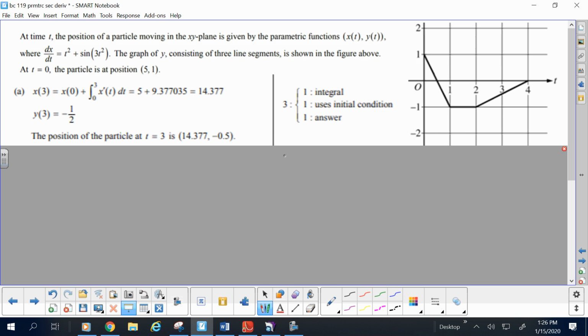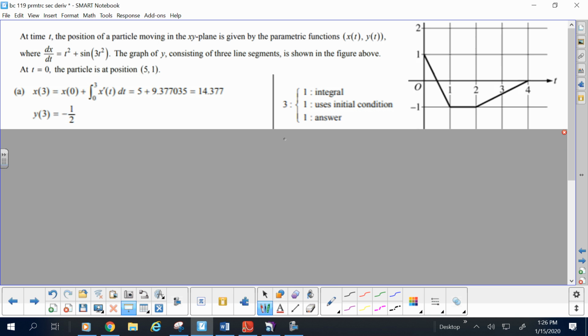All right. The first part, would you agree that you needed to do two things? Integrate x prime and use the initial condition, yes? So, if you have an integral from 0 to 3 of x prime, give yourself 1. If you have x initial or 5 somewhere in your work, give yourself 1.